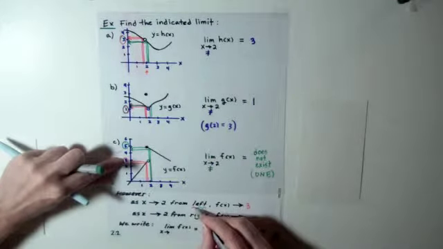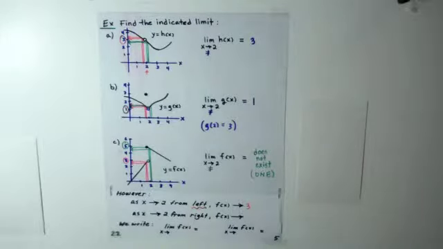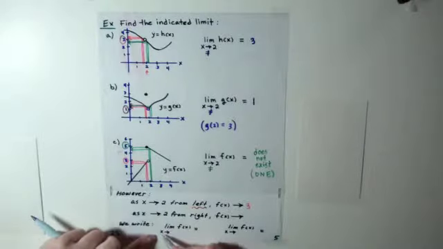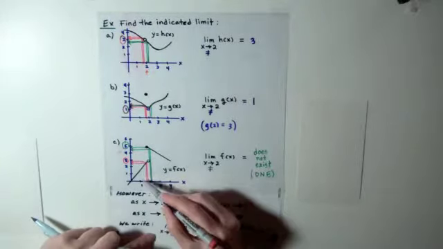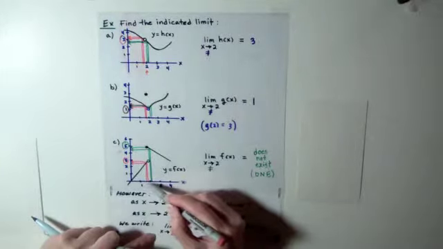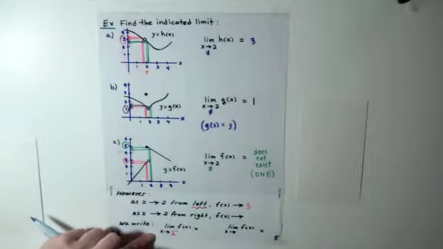I'll underline left in red here. So we do say that as we approach from the left, f of x is approaching 3, and we have a way of writing that. We say the limit as x approaches 2, and I want to somehow indicate it's from the left through values that are a little bit less than 2, and the way we do that is we put a minus sign right where an exponent would go.